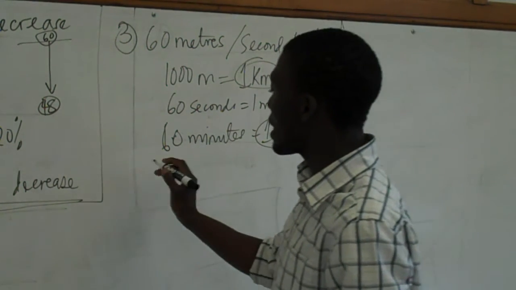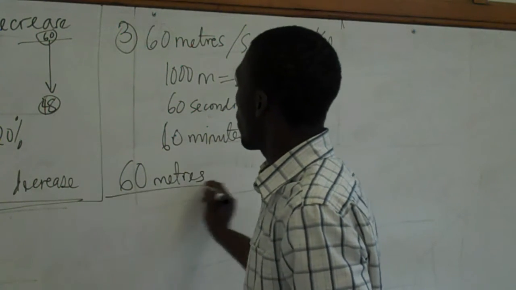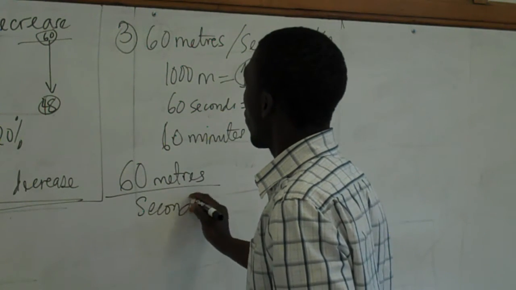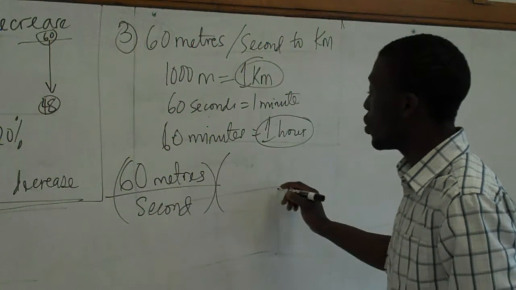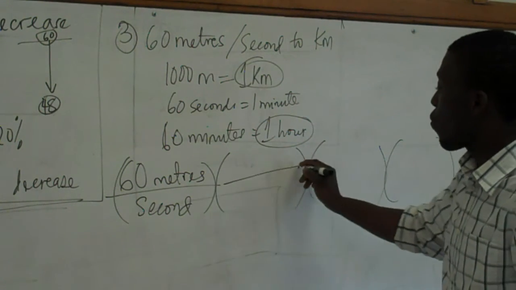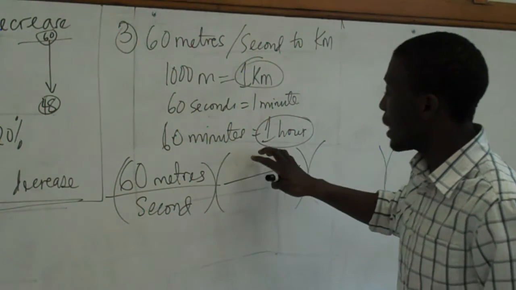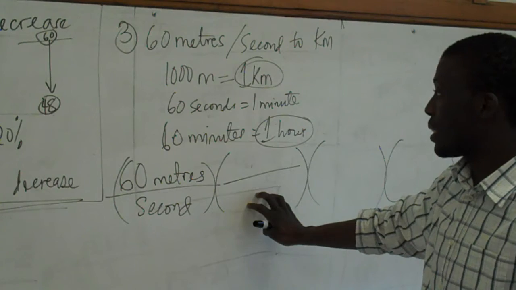First thing you do is write down what you're given: 60 meters per second. You want to get rid of the old units and introduce new units that will be helpful in solving. First, we want to get rid of the seconds. 60 seconds will give us 1 minute.